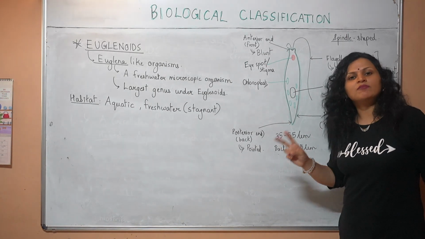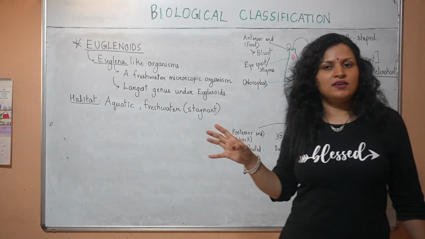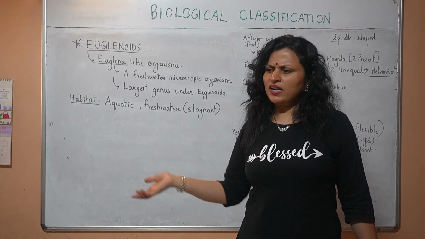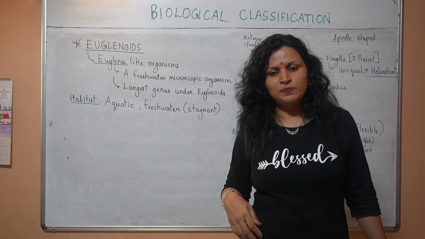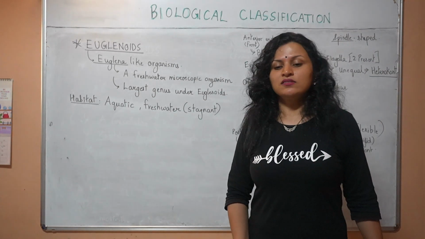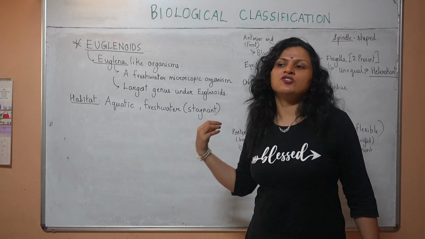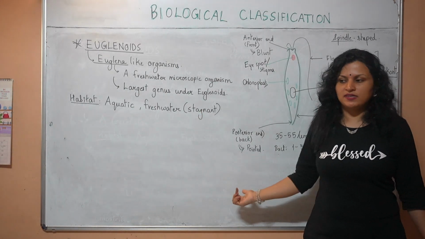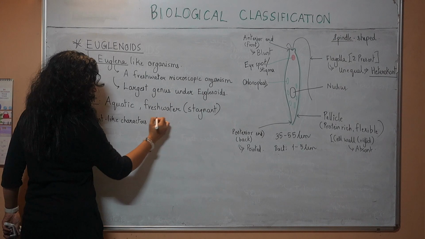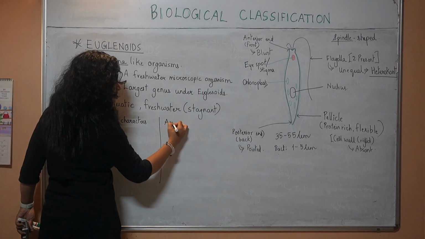In the two kingdom classification, it was placed under kingdom Plantae, but it has plant-like features and animal-like features. So that's why Haeckel was not convinced, and that's why he created the third kingdom, kingdom Protista, so that such organisms can find a place in it.